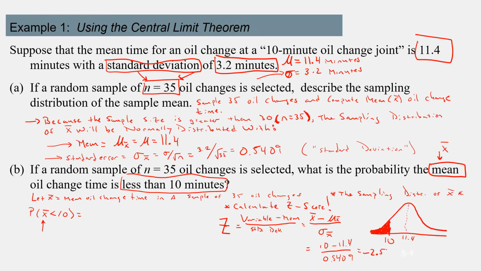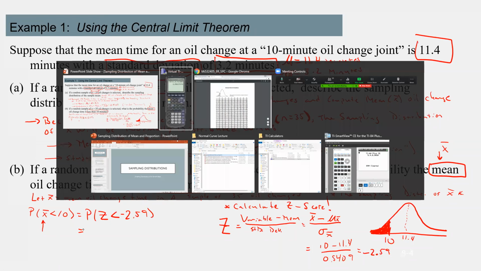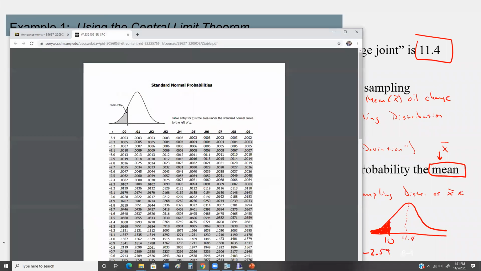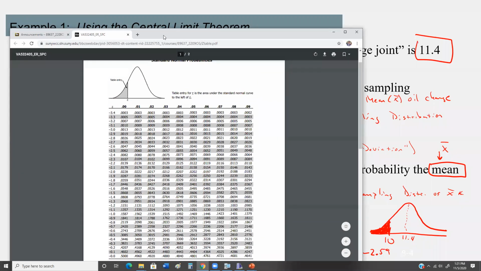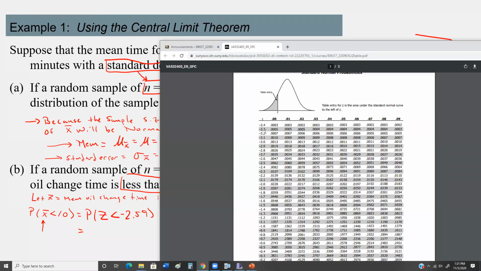Negative 2.59. So this problem now just becomes, hey, what's the probability a Z-score is less than negative 2.59? So that's when we grab this table. And to read Z-scores, the first 2 digits are minus 2.5, so you go to here, minus 2.5.